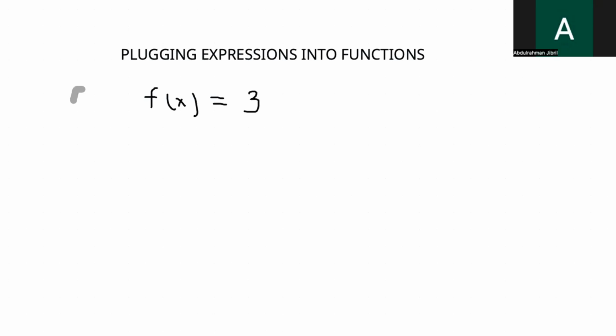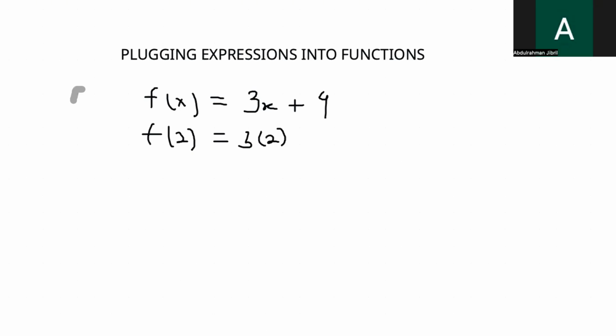When you're asked to find f of 2, we all know it's very easy to do. You just substitute 2 for x. So this would be 3 times 2 plus 9.